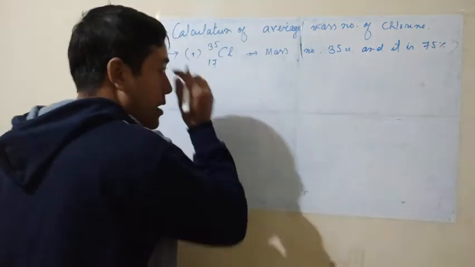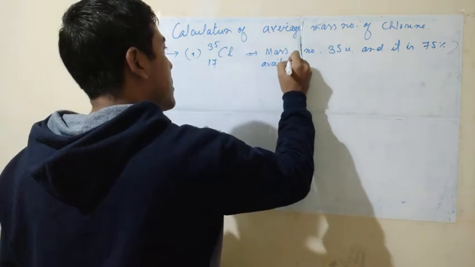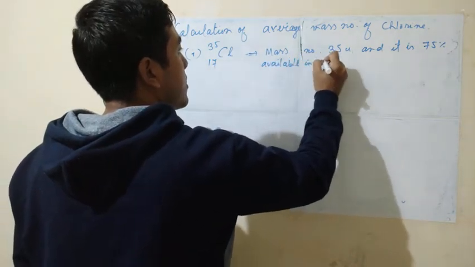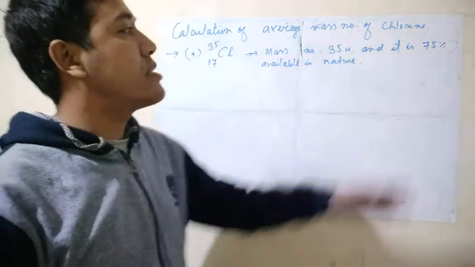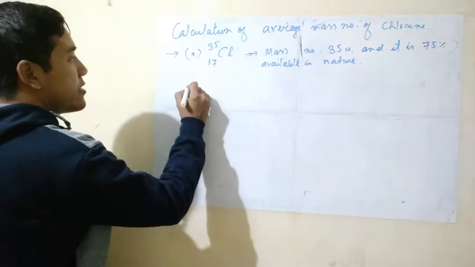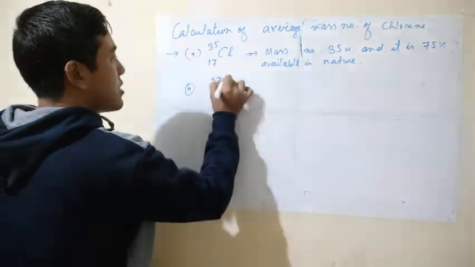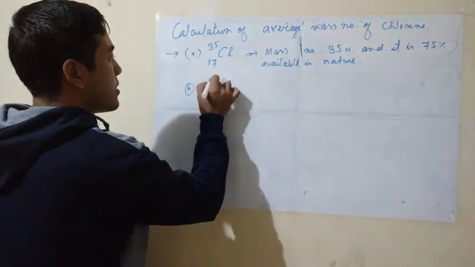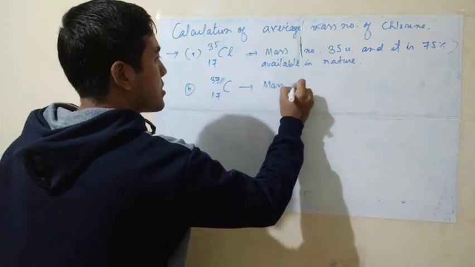And it is 75% available in nature. How many percent is this chlorine available in nature? 75%. The other one is chlorine-37.